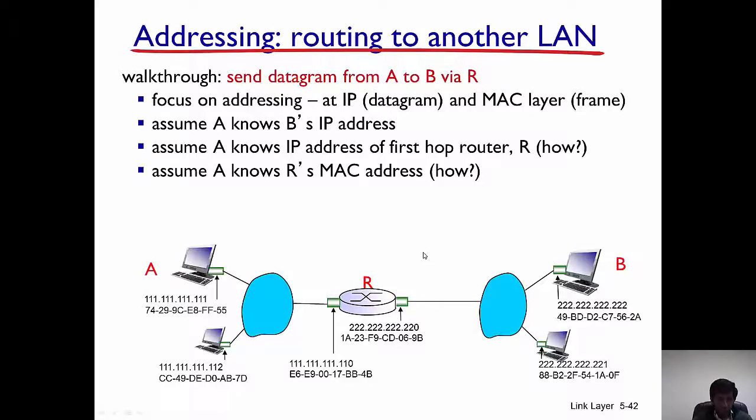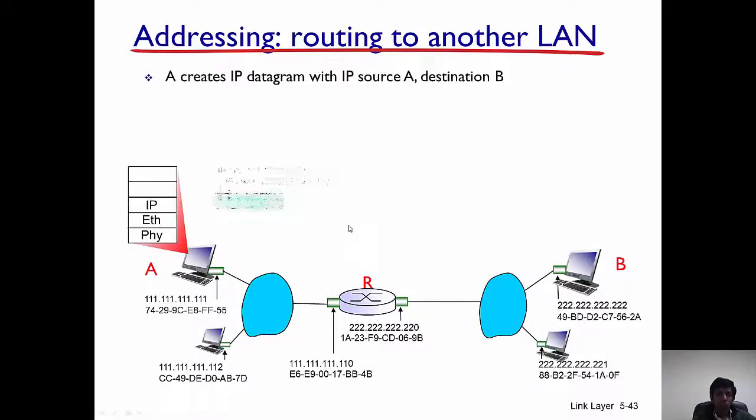Now, once A knows B's IP address, R's IP address, and R's MAC address, how does A then send a datagram to B? First, it creates a datagram. It puts the source IP address, which is A's IP address. Then it puts B's IP address, which is the destination IP address. Then this is a datagram.